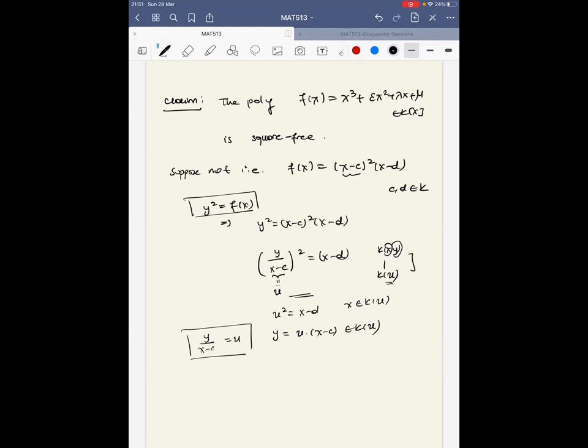But this gives us that our elliptic function field is the rational function field and it has genus 0. But this contradicts its definition. Then this shows us that this f of x is supposed to be square-free.